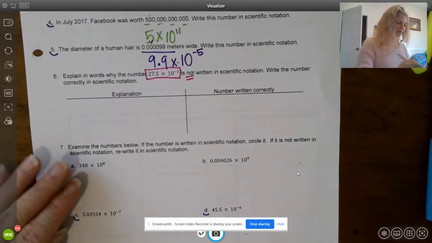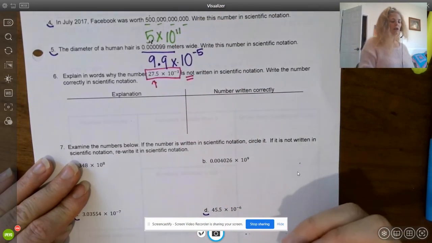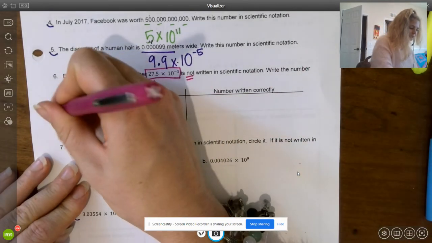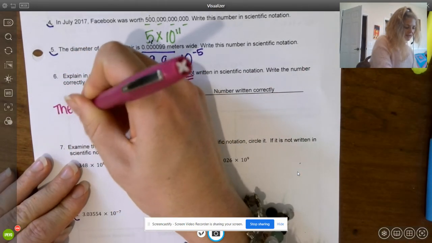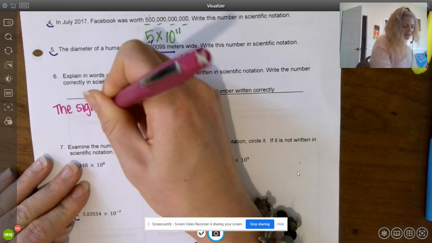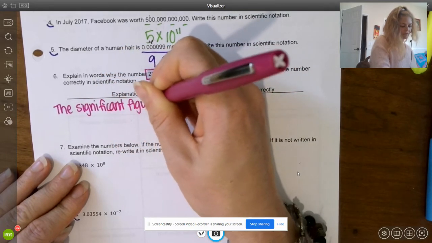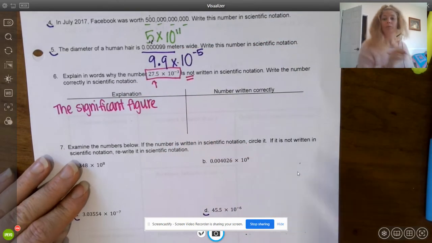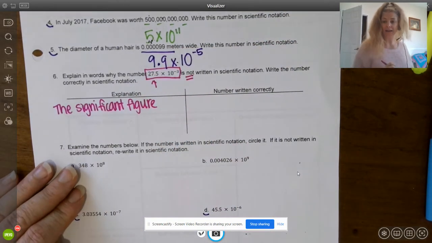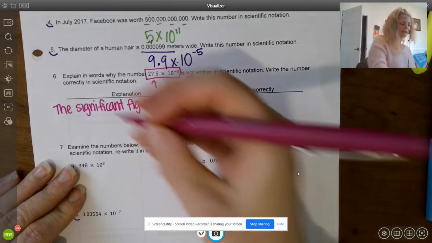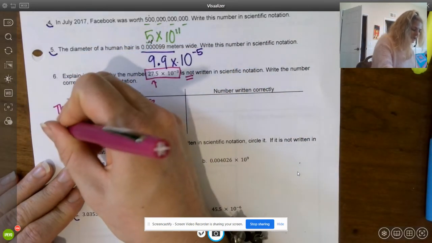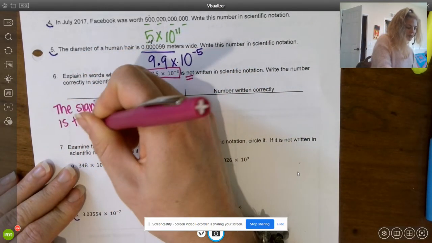Less than 10, oh, that's the issue here. So explanation: the significant figure, and please use the correct math academic vocabulary here. The significant figure is too large.